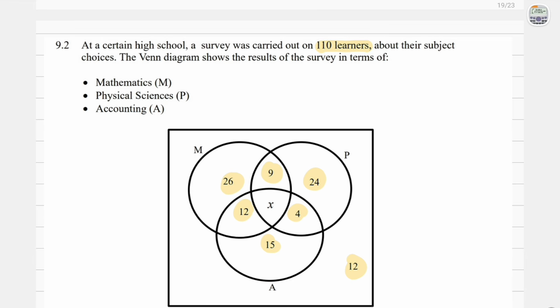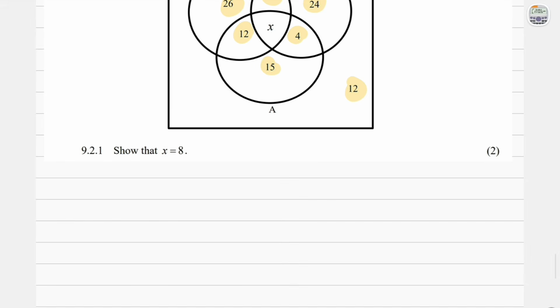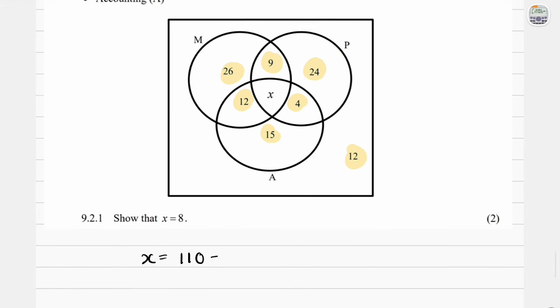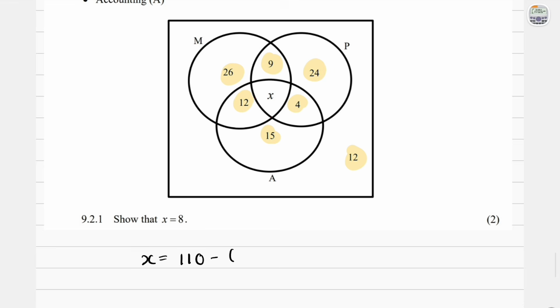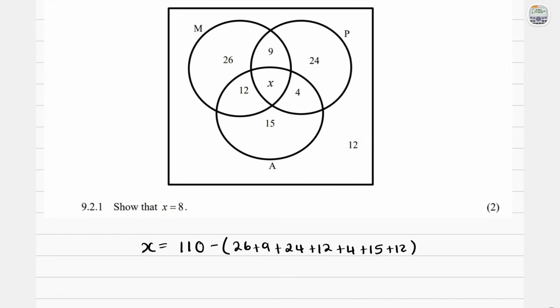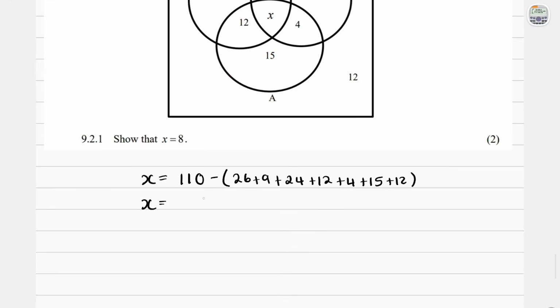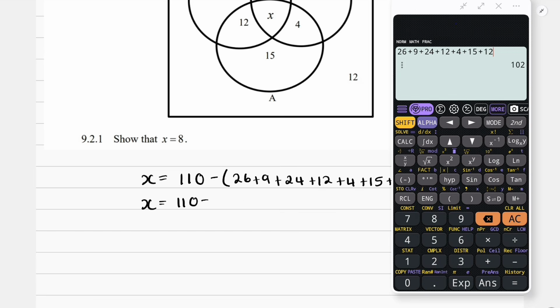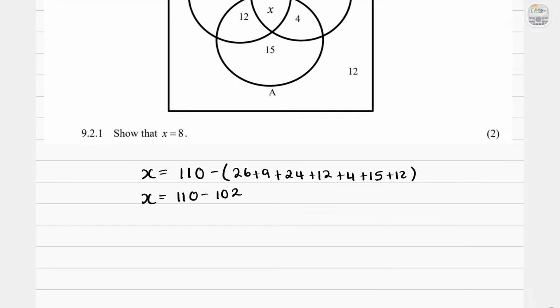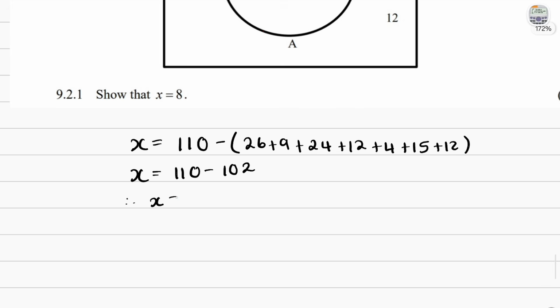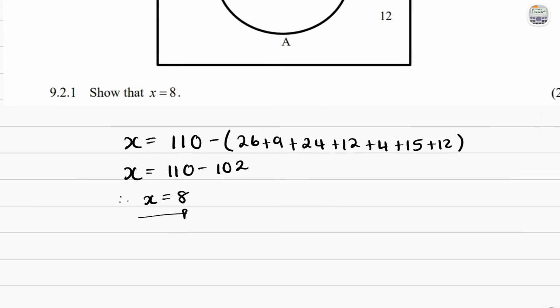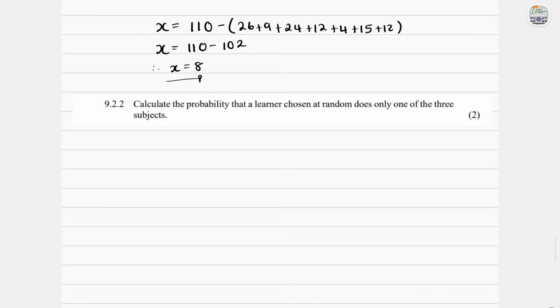And that will complete the Venn diagram. So that's what we're going to do. We'll say x is equal to 110 minus, and when we add everything up, it becomes 102. So x is finally equal to 8, and that is our answer. Moving on to the next question.